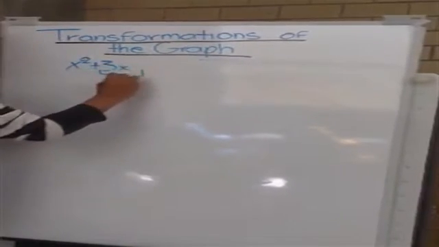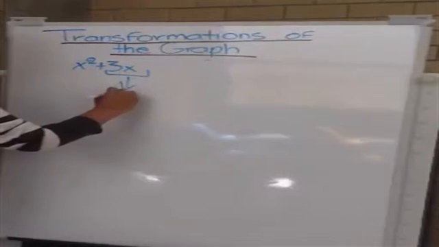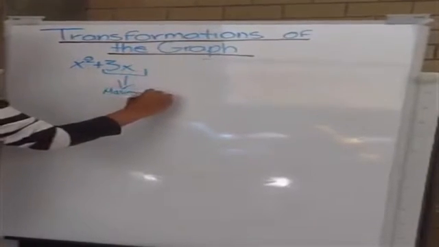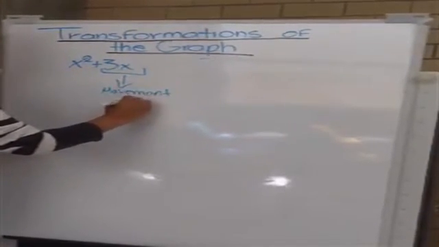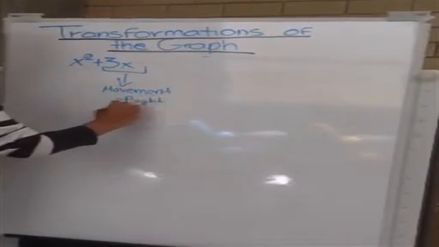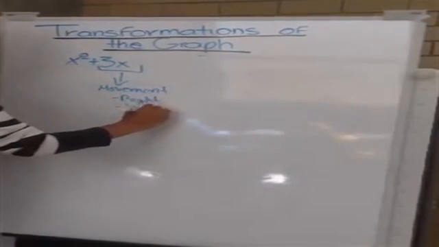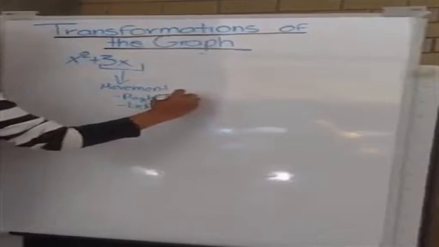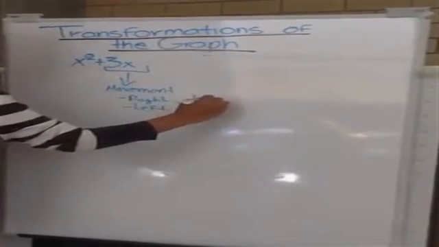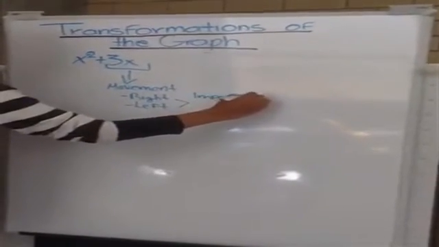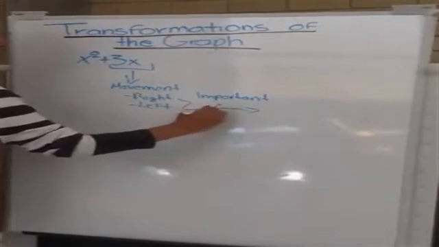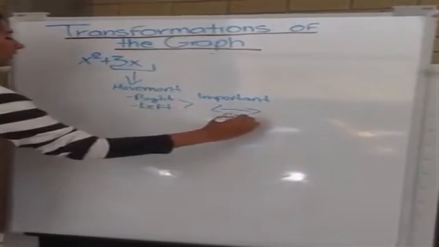Now, the other kind of movement is when the number is with the x. Here, we have to move to the left or to the right. But here is something different.